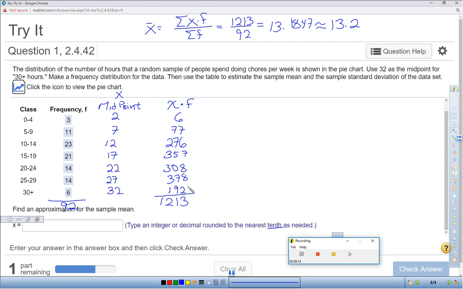Okay, so it's 6 plus 77 plus 276 plus 357 plus 308 plus 378 plus 192. Yes, it's a big difference. I made some typos here. So the answer is 1,594. So we need to change all this.